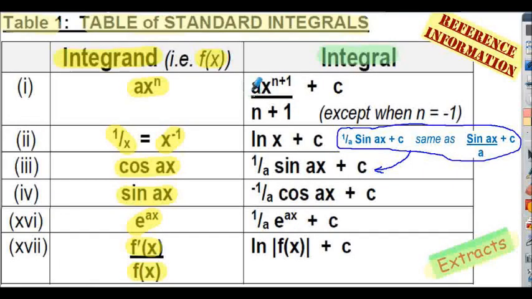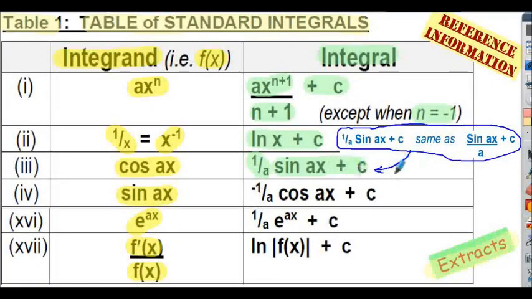Just notice with item 1, the ax to the n integrand integrates to ax to the n plus 1 over n plus 1. Add our constant of integration if it's an indefinite integral. Note this solution is used for any values of n except when n is equal to negative 1. The integration of 1 upon x becomes ln x plus c, and the integration of cos ax integrates to 1 upon a multiplied by sine ax plus c.